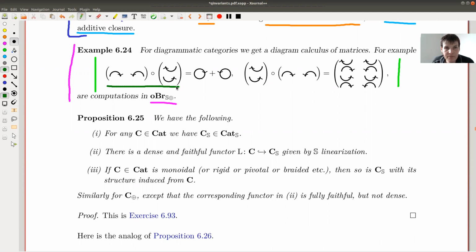Each one of these morphisms, this funny thing here, is certainly a matrix of morphisms. Where do we end up? We end up in bullet, bullet, and bullet, bullet. Two copies of it. So it's a direct sum of these.